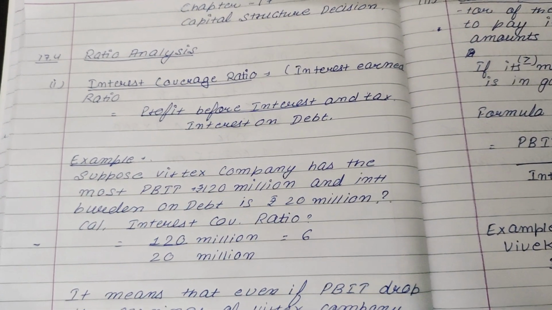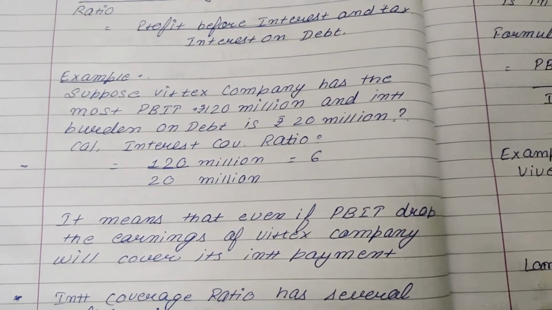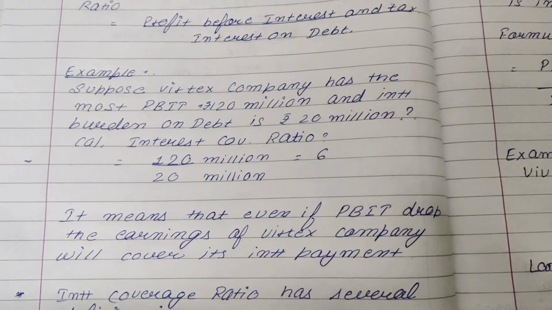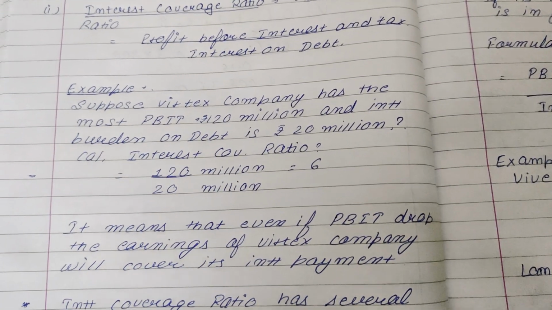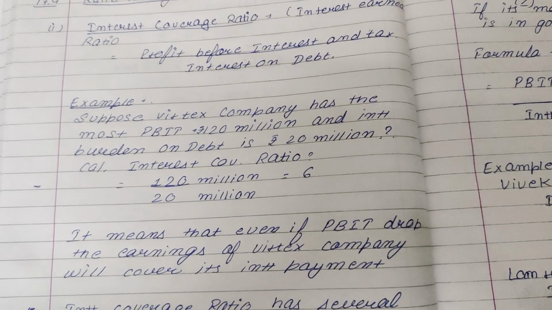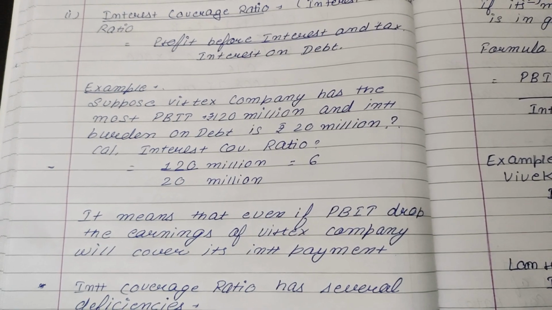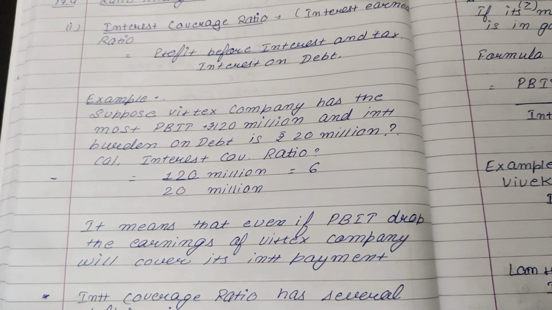Here I have used one example. Suppose Vortex company has the most recent PBIT of rupees 120 million, and its interest burden on debt is rupees 20 million. Now you have to calculate the interest coverage ratio.